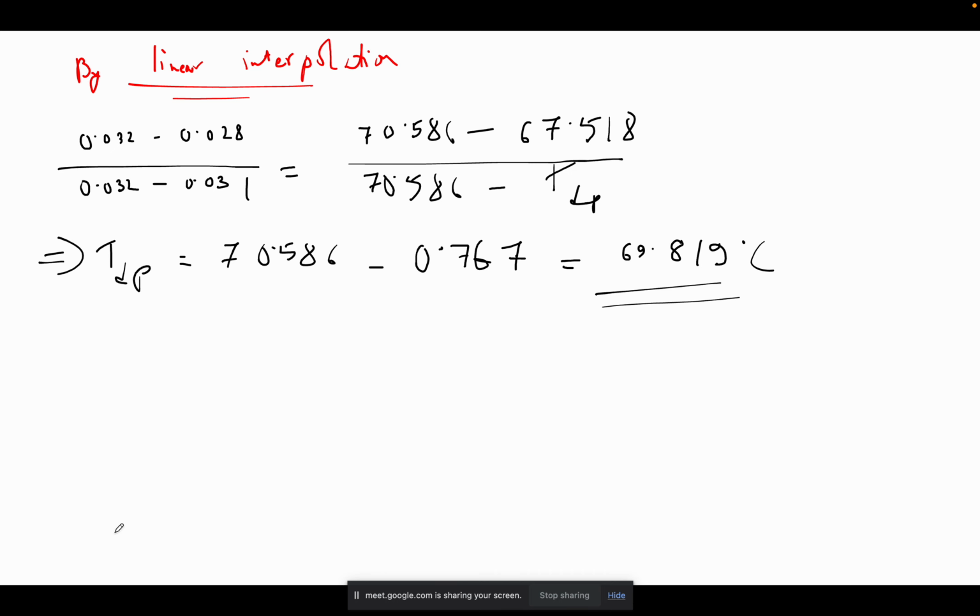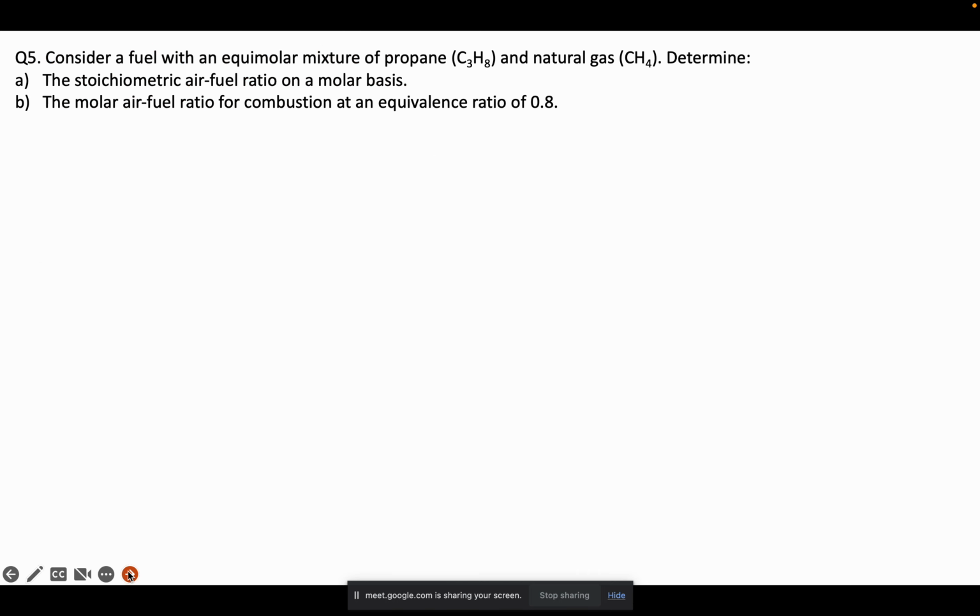So the next question is: consider a fuel with an equimolar mixture of propane and natural gas, that is methane. Then determine the stoichiometric air fuel ratio on a molar basis, and the molar air fuel ratio for combustion at an equivalence ratio of 0.8.